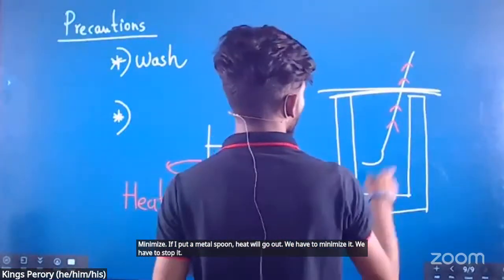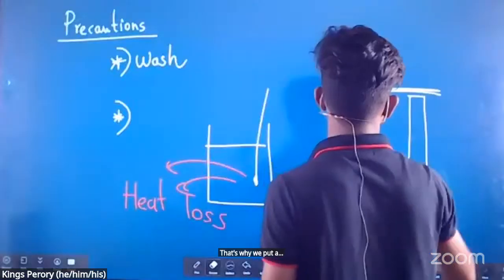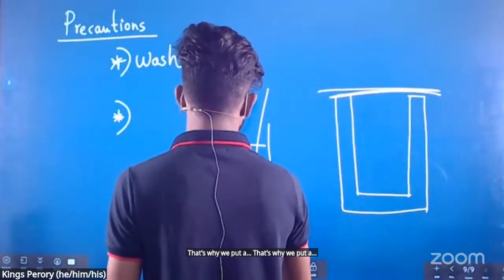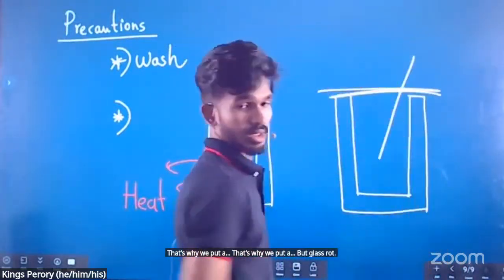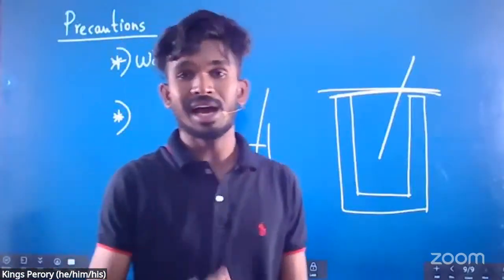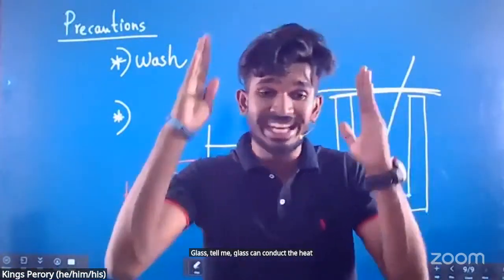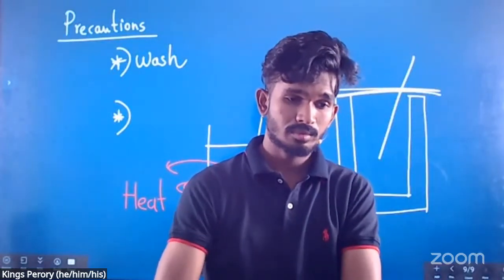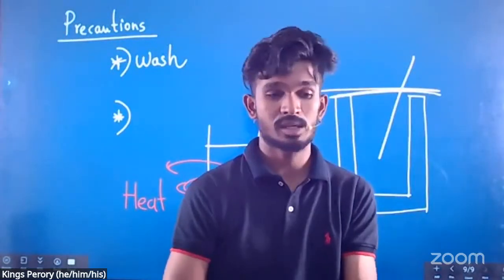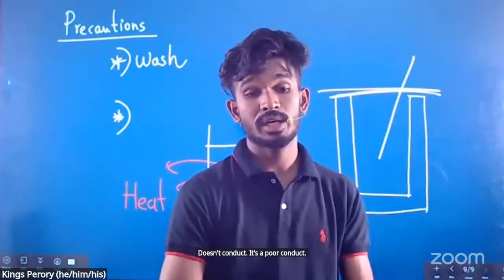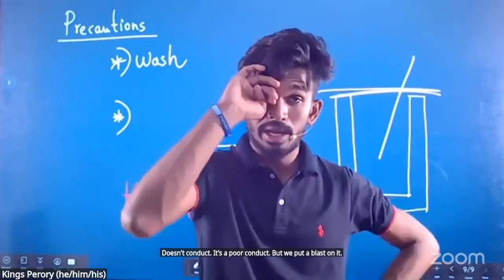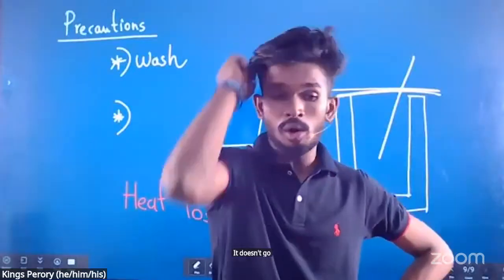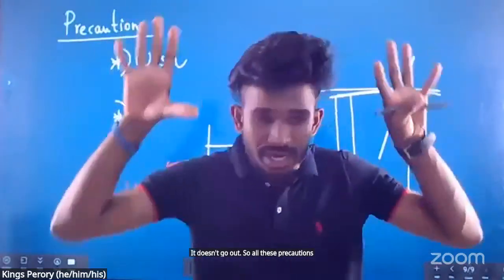That's why we put a glass rod. Tell me, can glass conduct heat or not? It doesn't conduct. It's a poor conductor. So we put a glass rod so that heat doesn't go out. All these precautions are taken to minimize the heat loss.